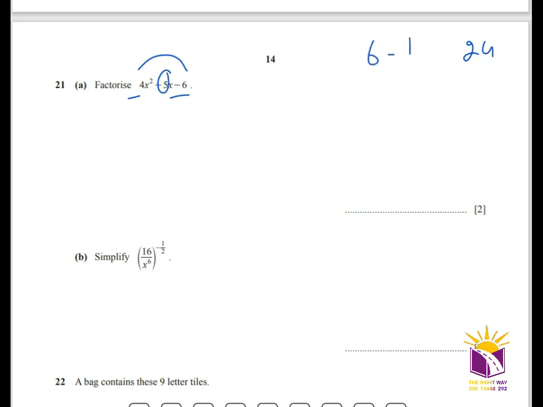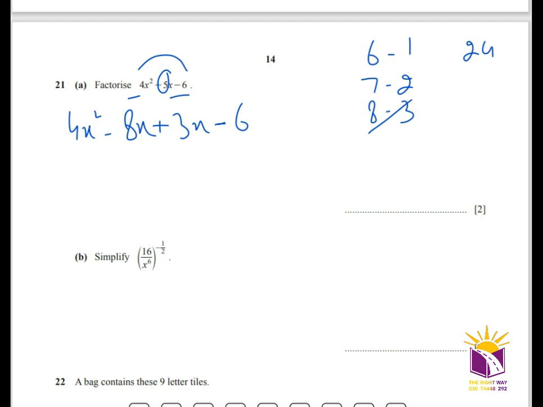I am dividing this 5 into two portions. It could be 6 minus 1, it could be 7 minus 2, it could be 8 minus 3. 8 times 3 is 24. From here I will get 4x square plus 8x minus 3x minus 6. I have divided my 5x into 8x and minus 3x.